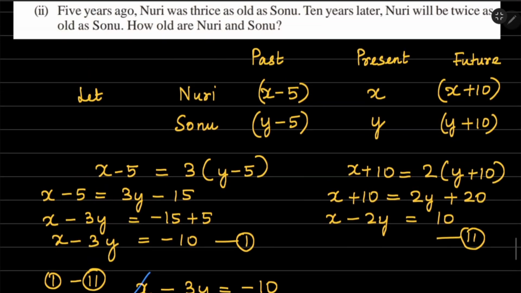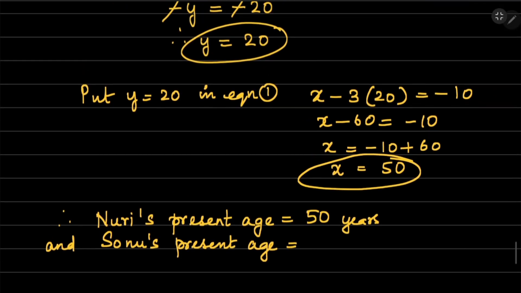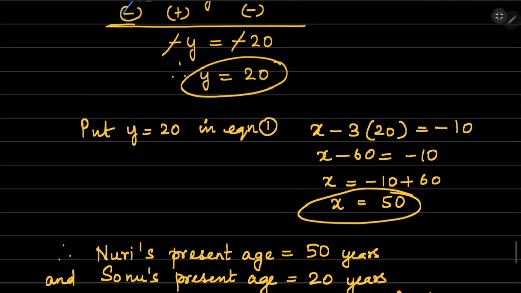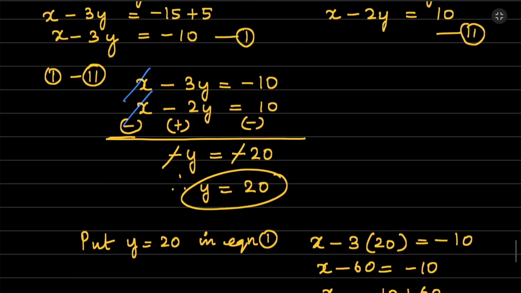And Sonu's present age is equal to how many years? 20 years. This is your final answer. So this is an age related problem, quite a good question. And based on this, you'll have to practice more questions. Okay. Let's move on to the next one.